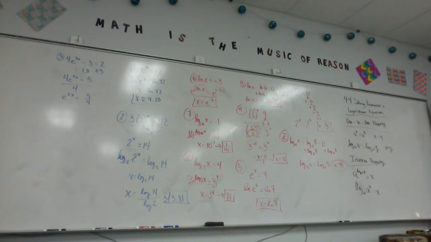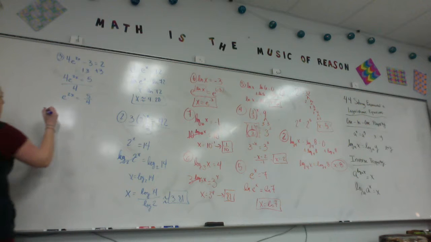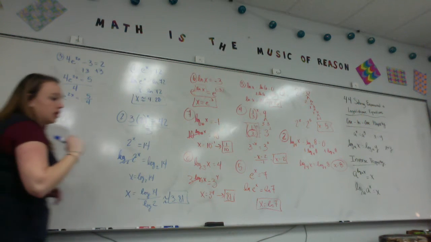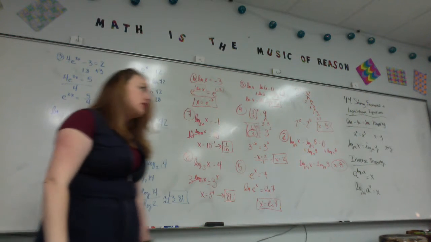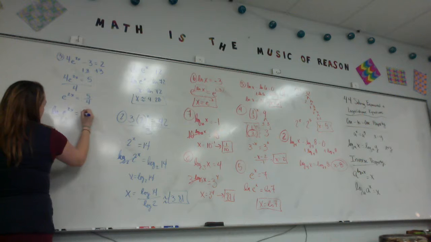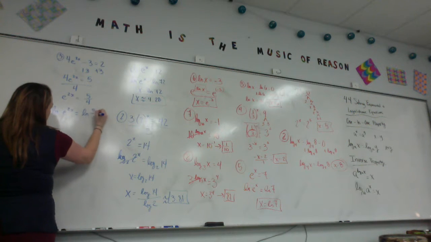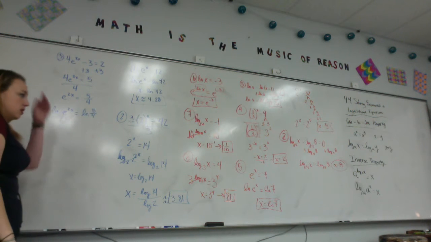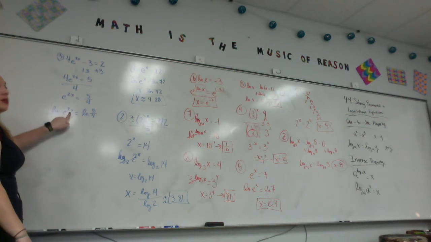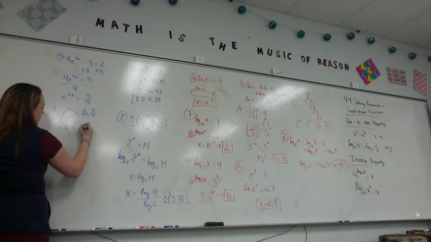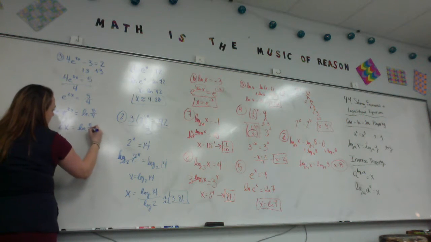Do what we did last time, take the natural log. Natural log of e to the 2x equals natural log of 5/4. So this cancels, yes? So then 2x equals natural log of 5/4.